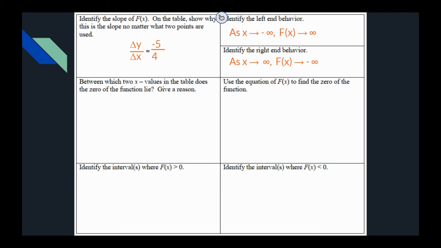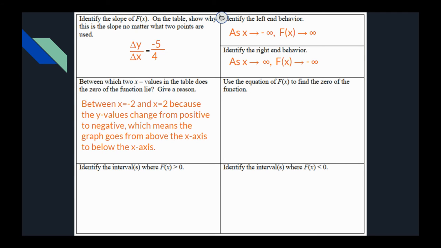I was gonna go with the y values change from positive to negative, but I mean, that works too. So it's somewhere between -2 and +2 on the table, because the y values change from positive to negative, which means your graph has to go from above the x-axis to below the x-axis, and there's an x-intercept in there somewhere. I think we talked a little bit about that in the last unit.